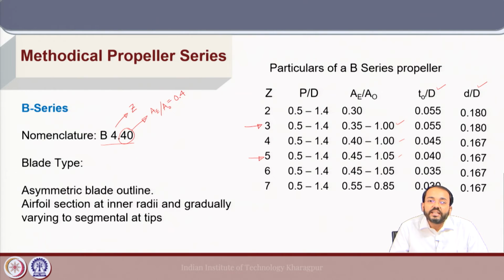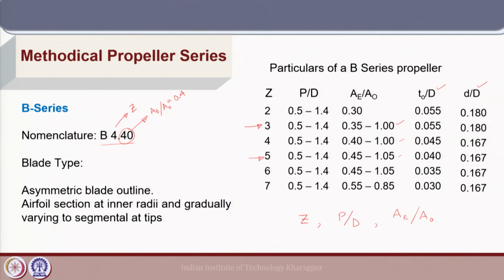So, these ratios are kept constant. So, the only things which are varied are Z, P by D and AE by A0, and this chart is shown as variations of P by D and AE by A0 for a specific Z.